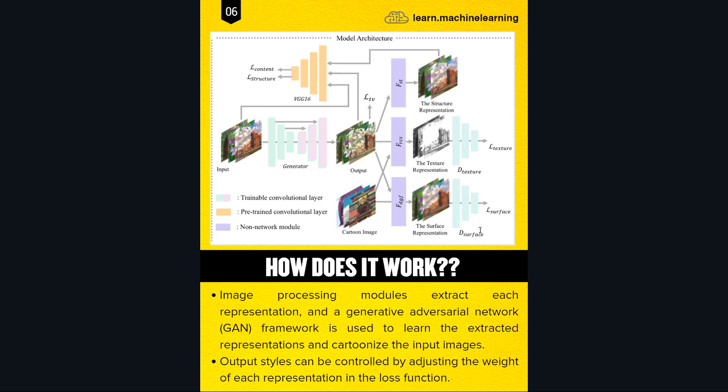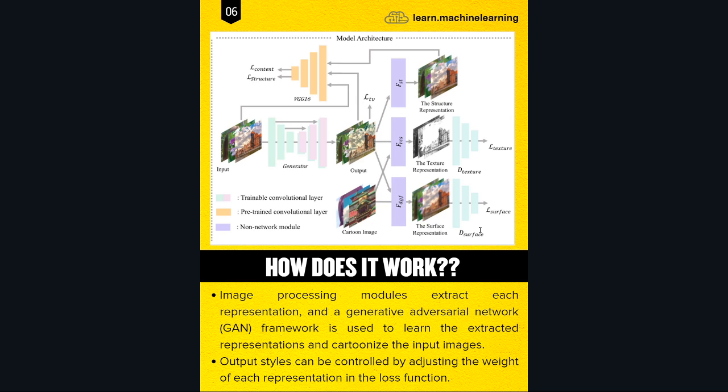It will try to find the similarity between these two images, the output image of the generator and the output image of the cartoon images, and it will try to map whether the output from the generator is real or not. And the same thing the texture discriminator will be doing, where it tries to distinguish between the texture representation extracted from the outputs and the cartoons.